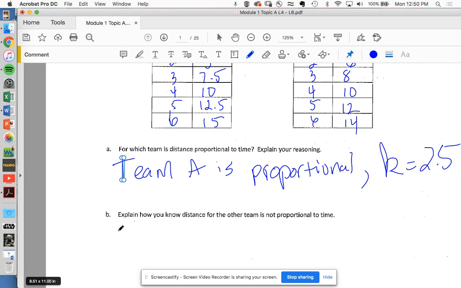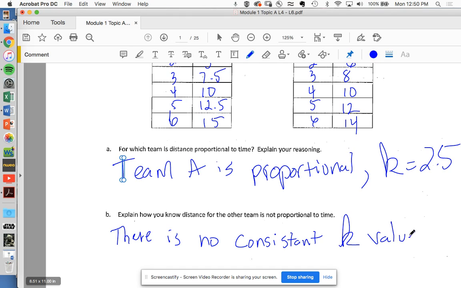So how do we know there is no consistent K value? So on the test Friday and on the review Wednesday, if it's a different K value for each pair, it's not proportional.